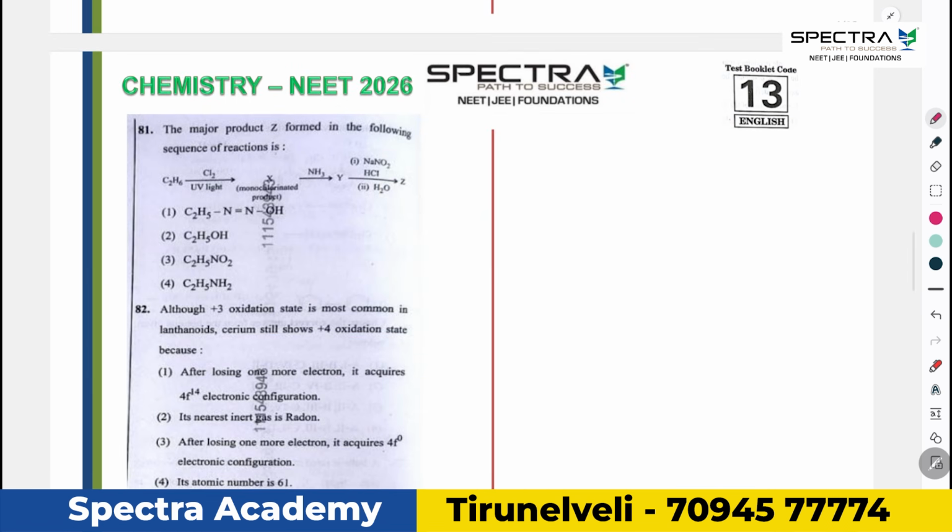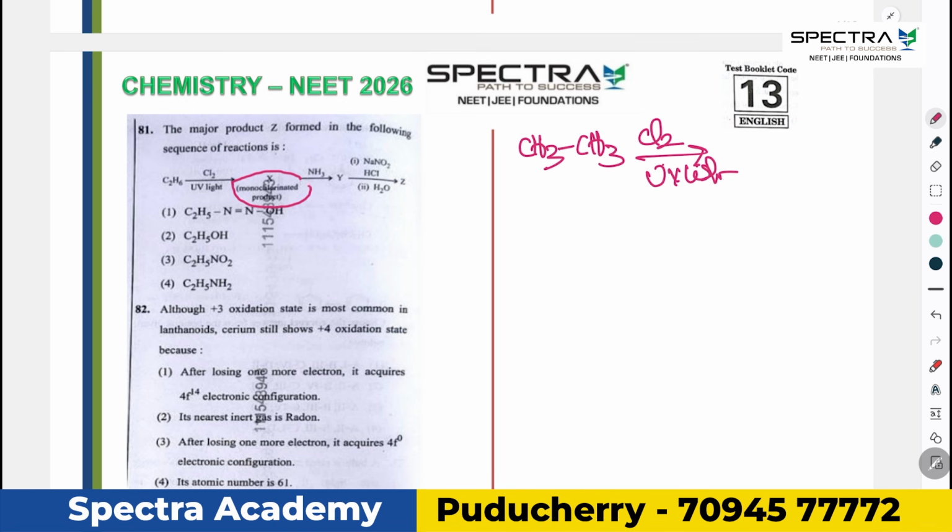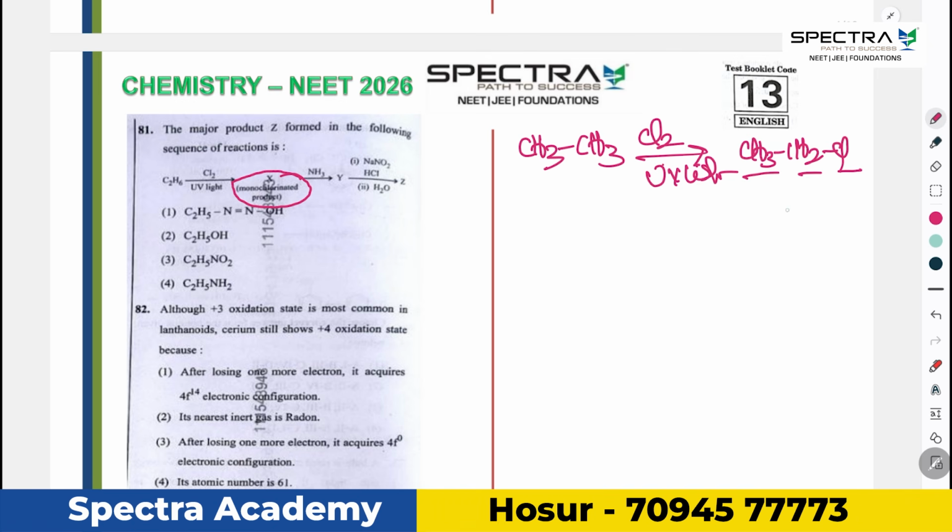Okay, next, 81. The major product formed in the following sequence. First they have given C2H6, that is ethane, CH3-CH3, which you are treating with Cl2 in the presence of UV light. It is mentioned monochlorinated product, so you have to do the chlorination only once, and CH3CH2Cl will form.